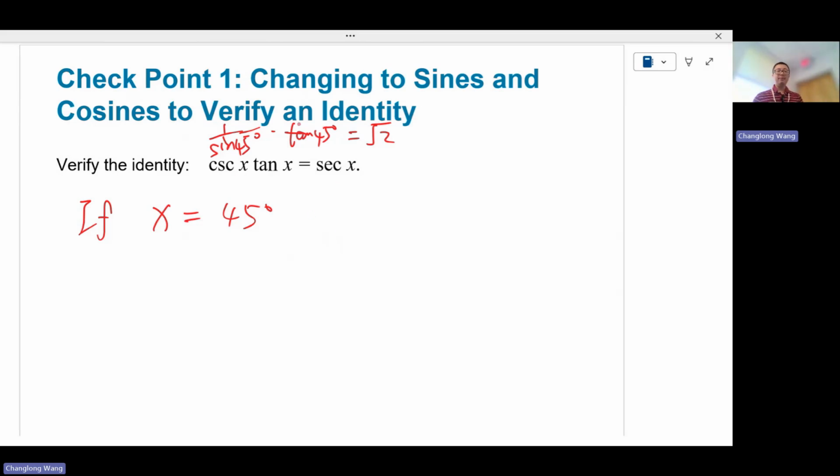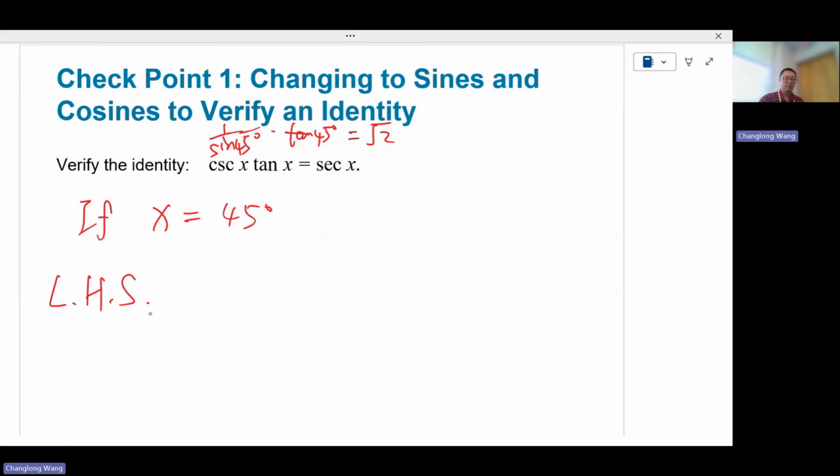If the left hand side works out as a number the same as the right hand side, then the identity is verified. But what we need to show, at least if you're coming for the test or even a quiz, is that the left hand side works out exactly like the right hand side without plugging in any explicit numbers for x. Okay, so now this is what we're going to do.